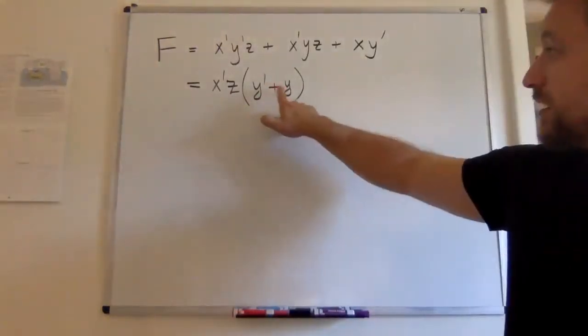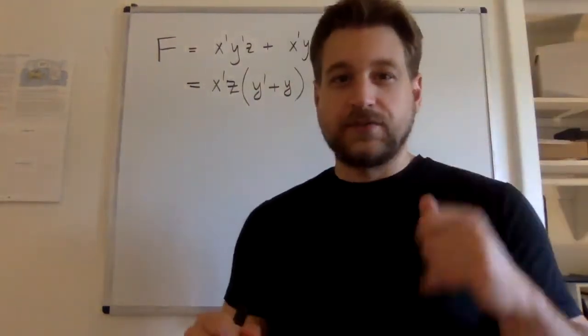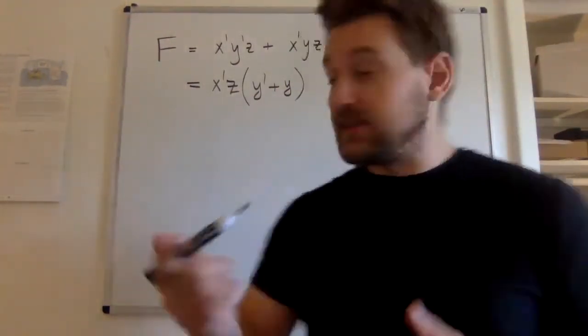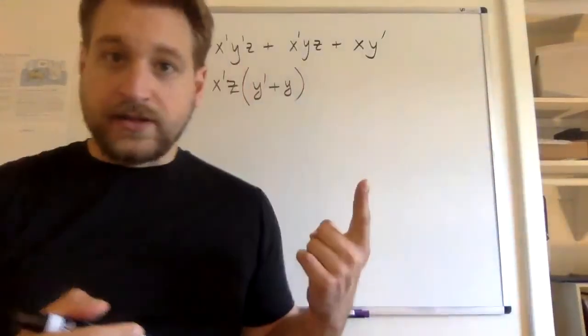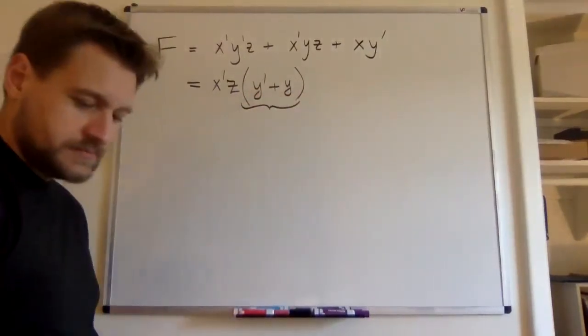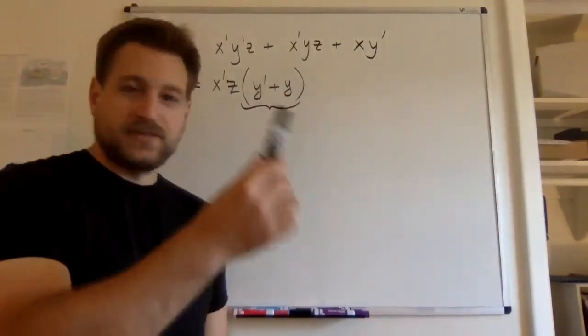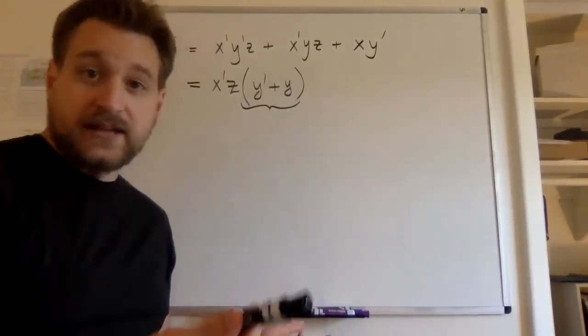Thing or not thing, so it doesn't matter, that's one of the identities. This thing in parentheses always has the value 1. Either this marker is black or it is not. We got that.